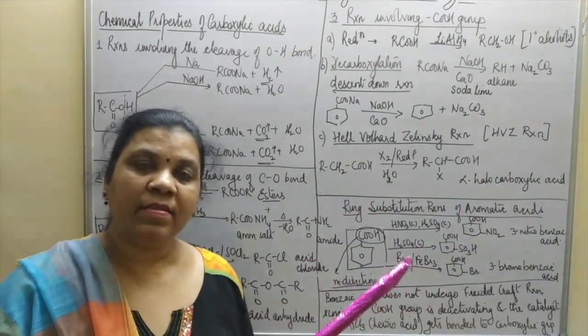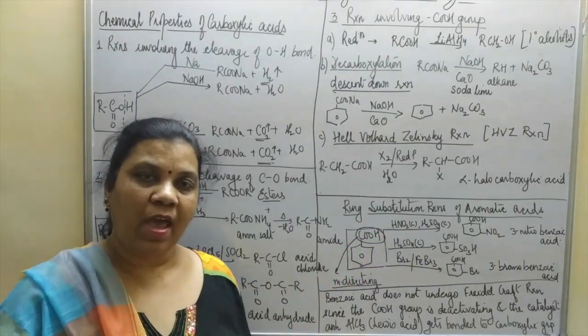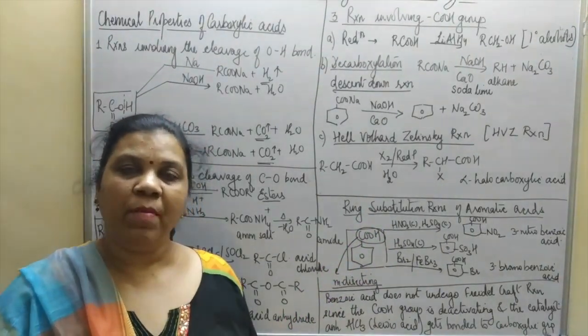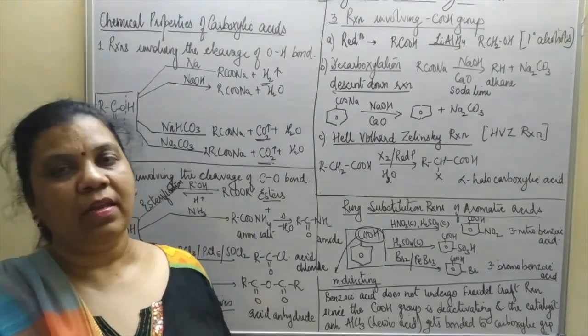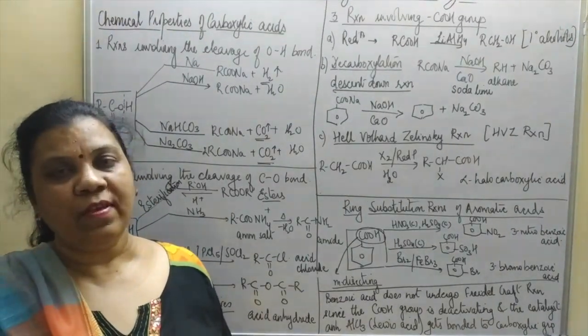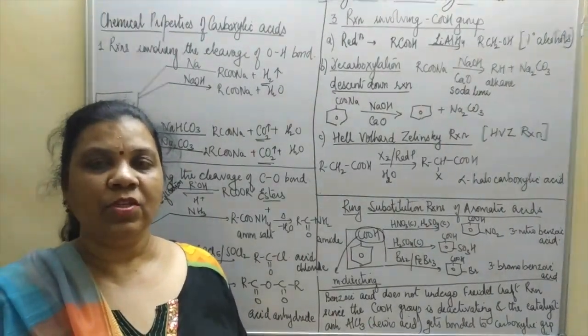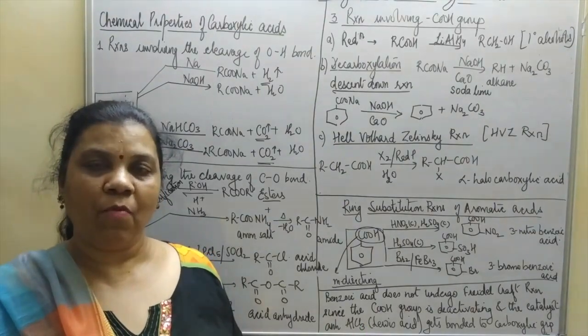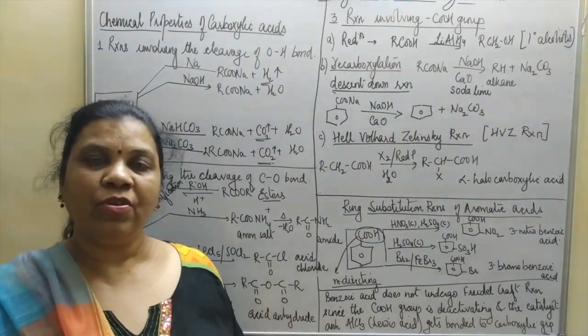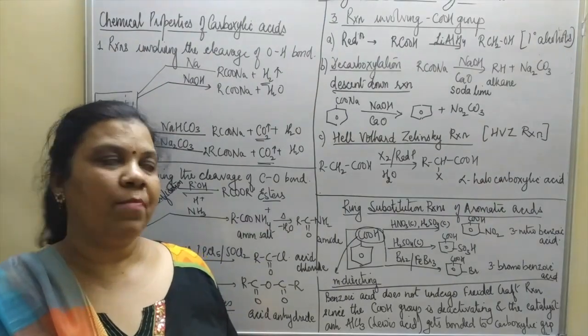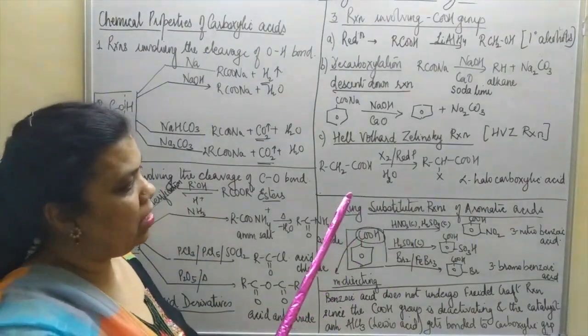Remember, formic acid will not give HVZ reaction. The reason being formic acid does not contain any alpha hydrogen. So HVZ is all about the replacement of alpha hydrogen of any carboxylic acid with halogen on treatment with X2 in the presence of red phosphorus.